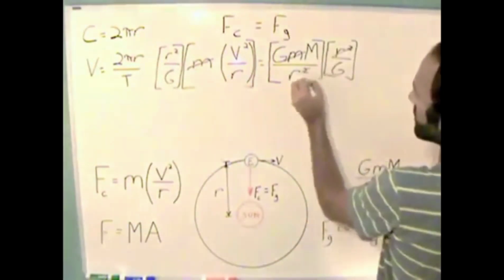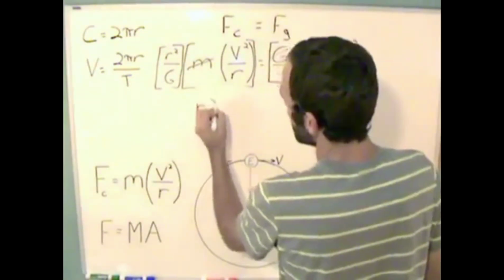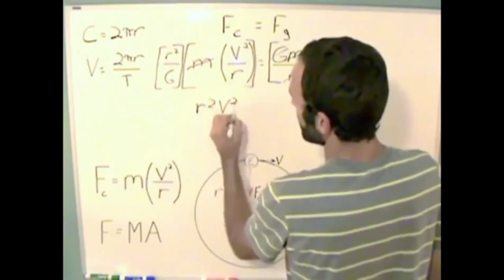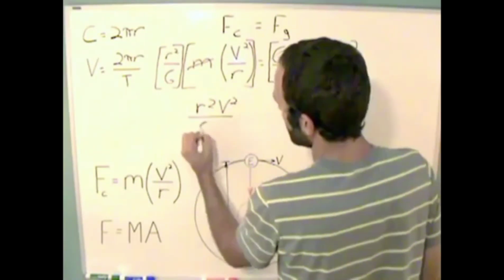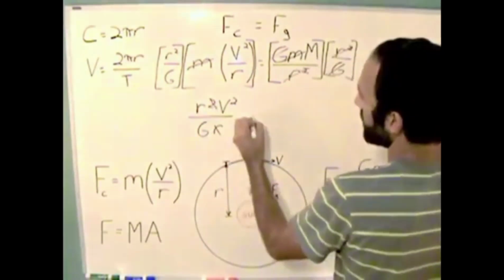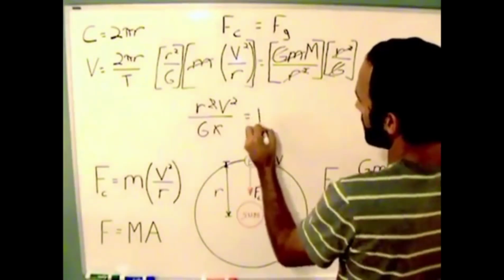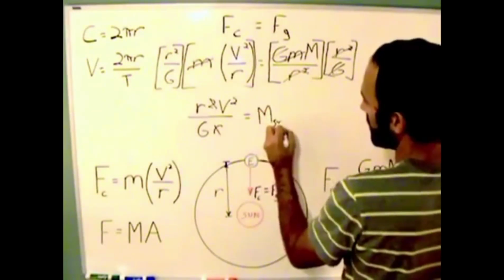So r squared cancels, g cancels. Over here you've got r squared times v squared over g times r, and then this r cancels. So you really just have r times v squared over g is equal to the mass of the sun.